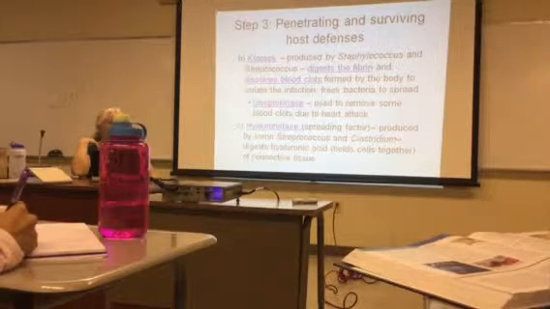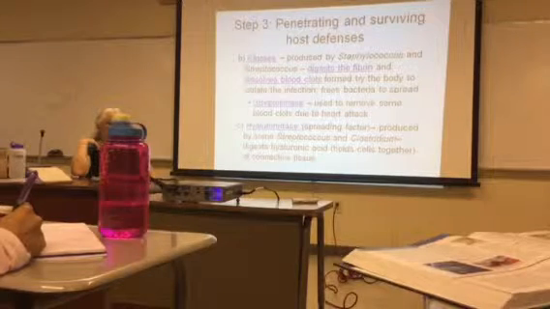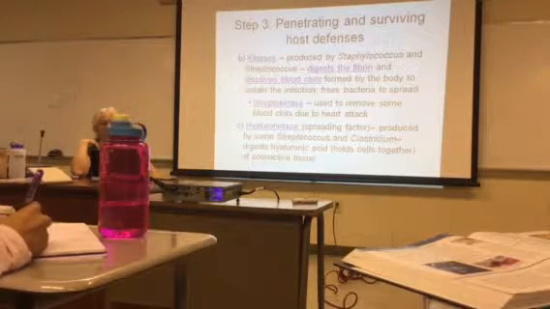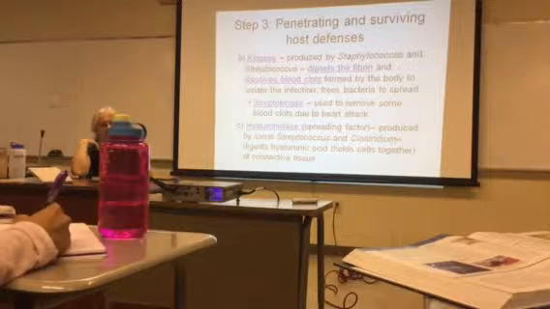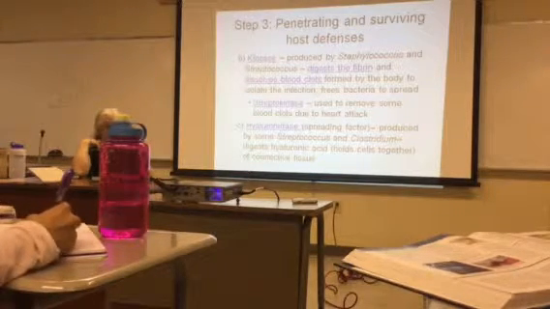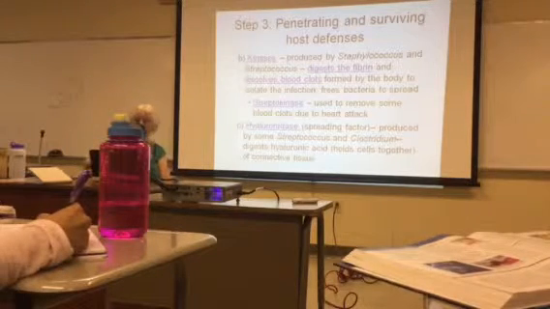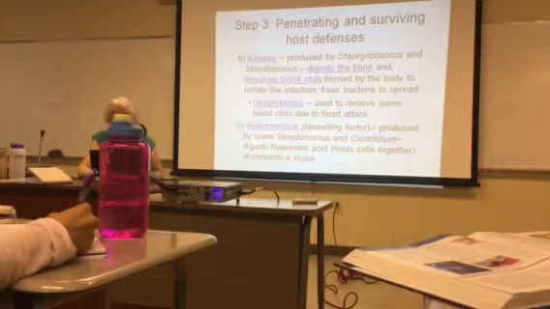We use that enzyme, streptokinase, that is produced by these two bacteria. We use it if somebody's had a heart attack, then they get an injection of streptokinase if they catch it quick enough.